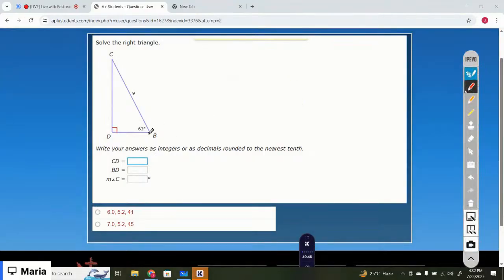We are given the angle D is 90 degrees, angle B is 63. So angle C equals 180 degrees minus 90 minus 63. So 90 minus 63 equals 27 degrees. So the missing angle is 27.